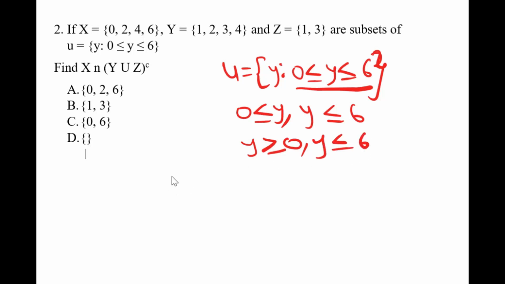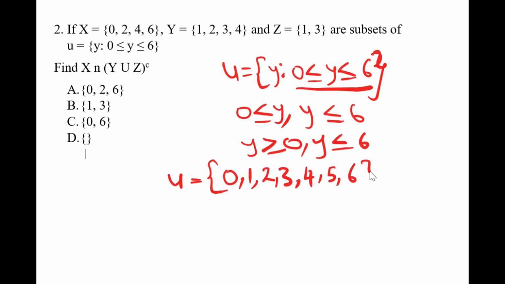For us to write our universal set now, the elements will be greater than or equal to 0 and at the same time less than or equal to 6. So we have 0, 1, 2, 3, 4, 5, and 6. This is our universal set.